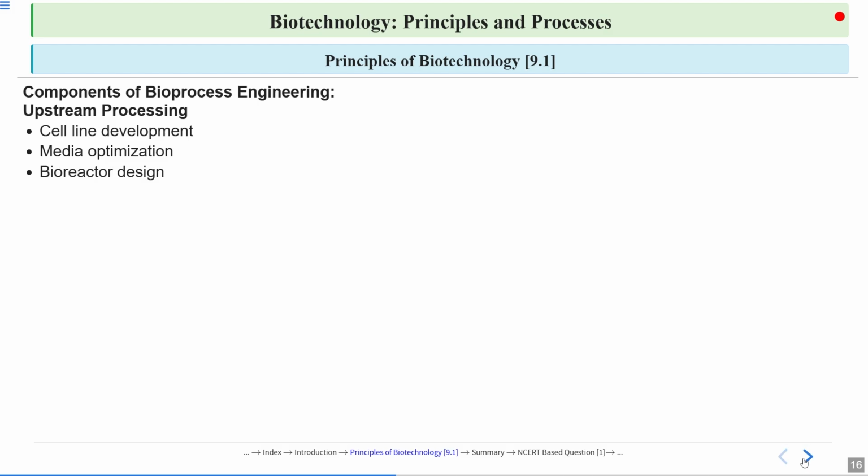Third is the bioreactor design. What is a bioreactor? A bioreactor is a device which helps us to create a controlled environment for biological reactions to occur. It will give us an environment with the perfect optimum pH and temperature in which a cell or organism can grow.